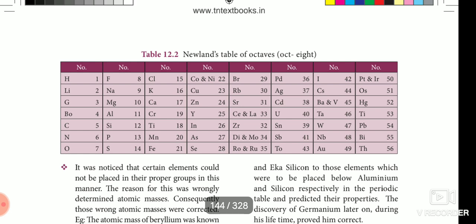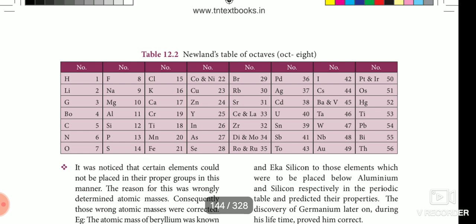This table was made for only 56 elements, so there is no space for elements discovered later. Now the current number of elements is 118, but this table accommodates only 56, so there is no place for elements to be found later.